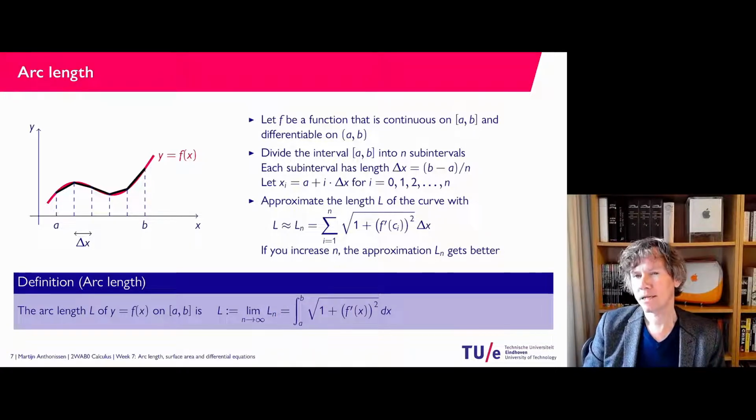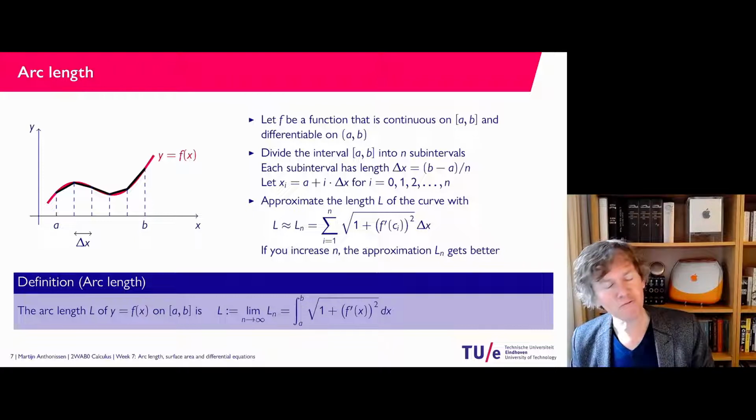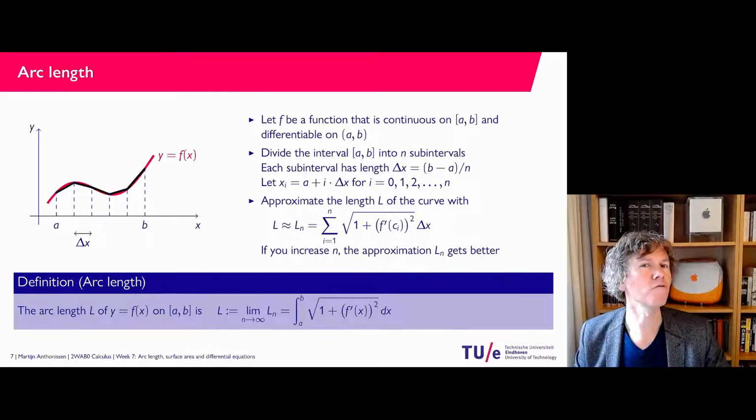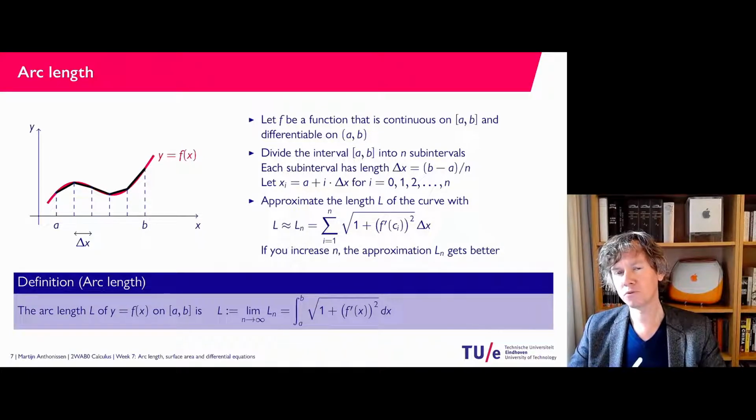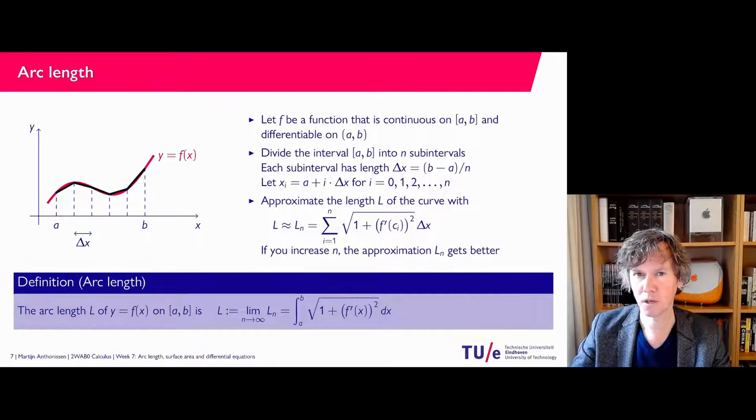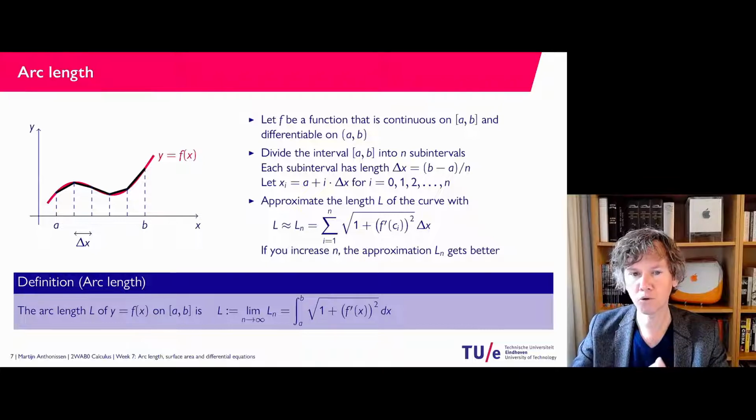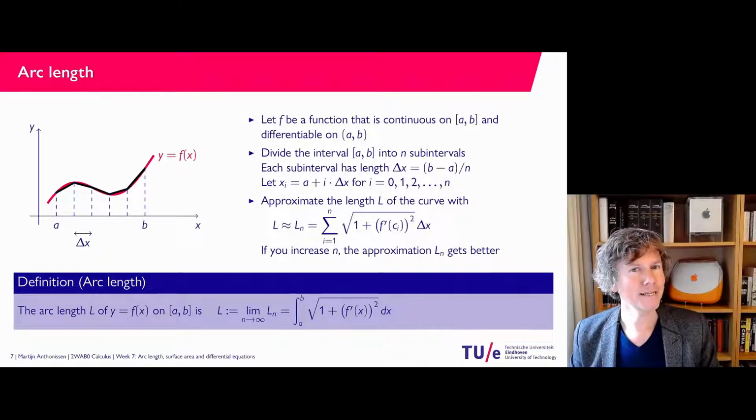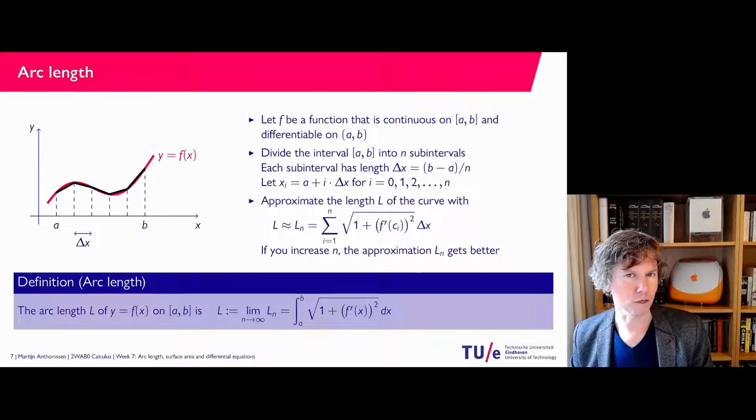As you can probably imagine, if I give you any non-trivial function f, so a function that is a little bit complicated, then first if you compute the derivative, f prime, it's probably going to be an even more difficult expression. And then if you square that, do plus 1 and take the square root, probably that's going to be a pretty horrible function to integrate.